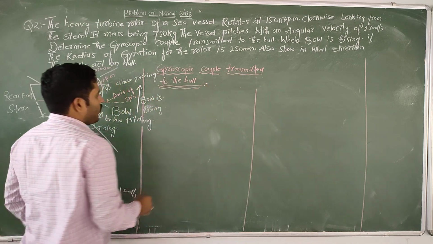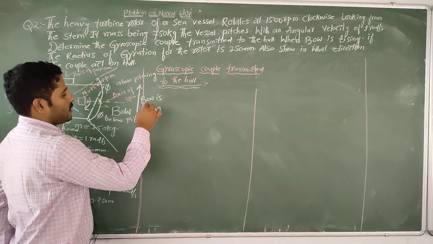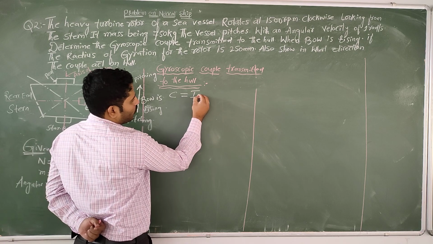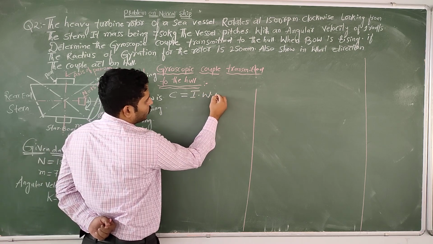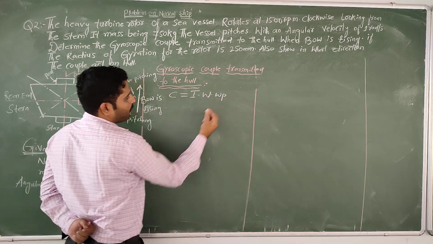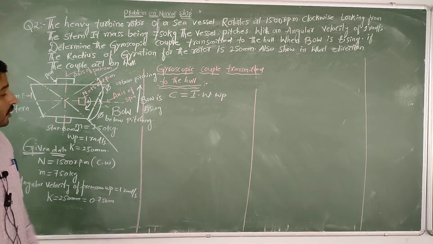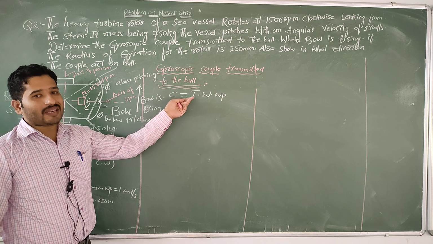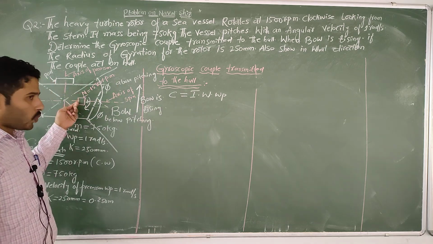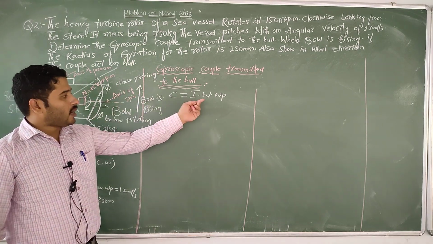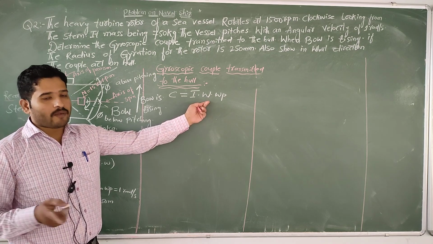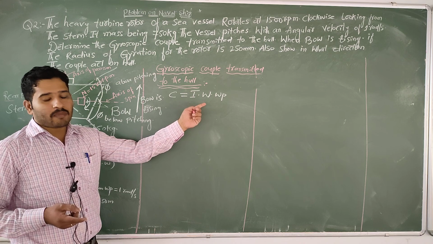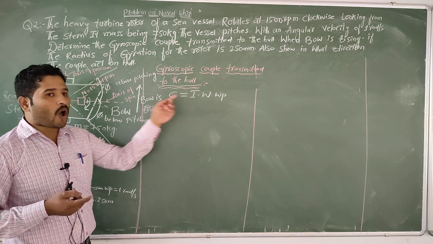Okay, then we have the formula: C equal to I omega into omega p. Is it right? So I, you know very well, is the mass moment of inertia of a rotor, and omega is nothing but the angular velocity of the rotor. Omega p is nothing but the angular velocity of precession.